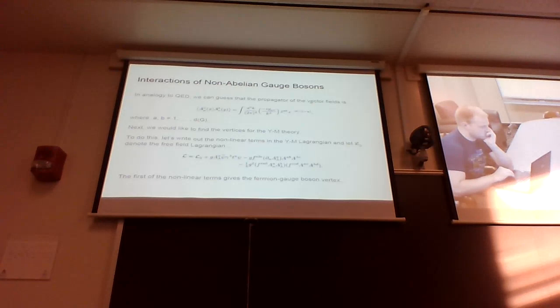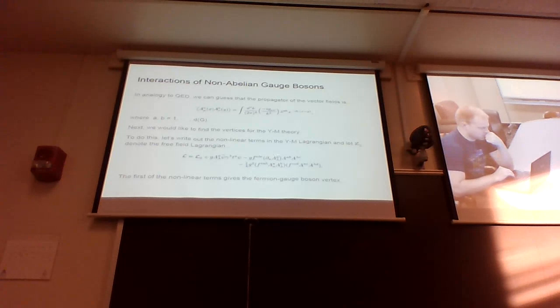The tough ones are going to be these guys. This one has 3 factors of our vector field, so this is a cubic interaction between our vector fields. And you notice it has something we haven't seen before in a vertex, which is a derivative.